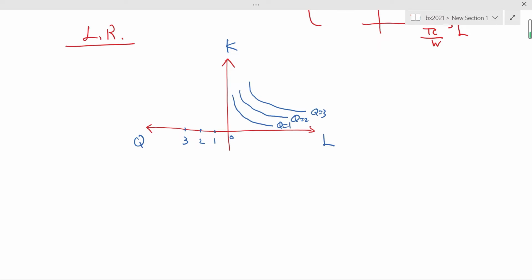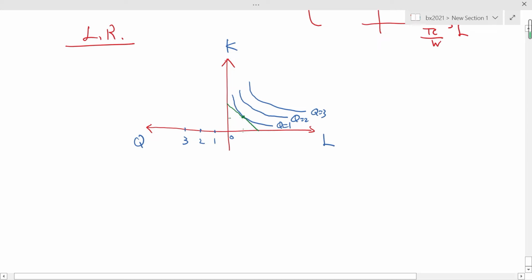So the cheapest bundle would be the tangent point of the isoquant and isocost. So at this point, we are using this much labor and this much capital.